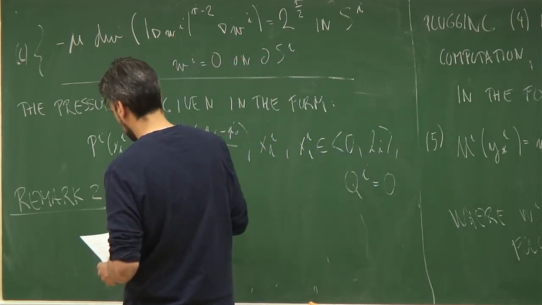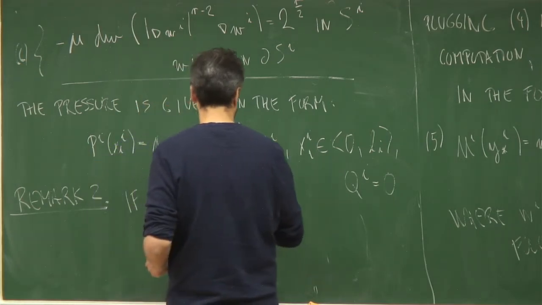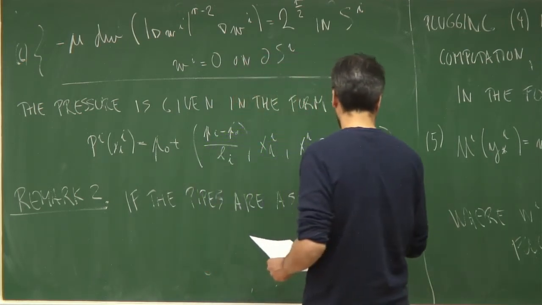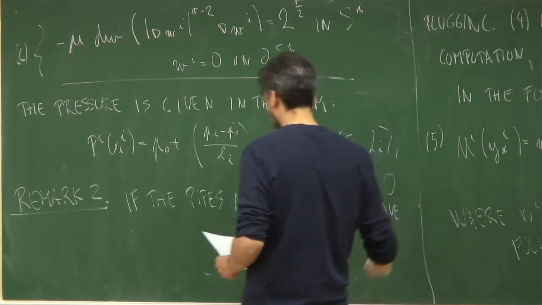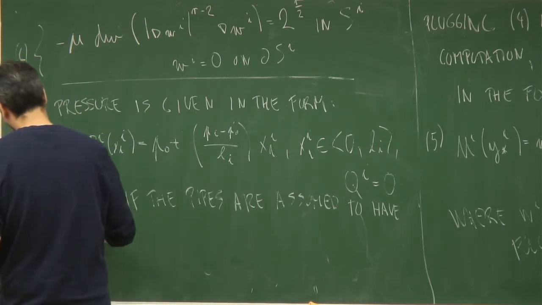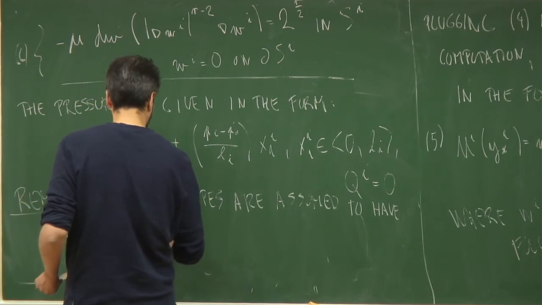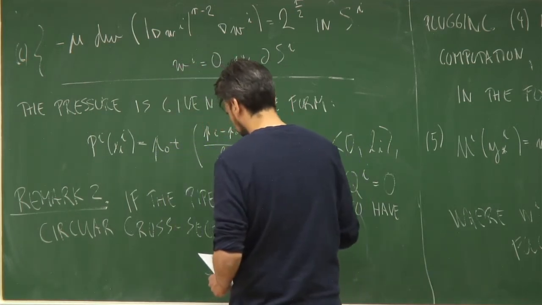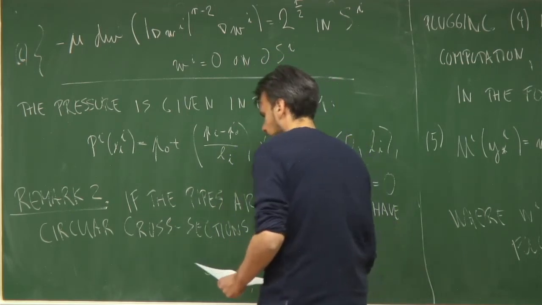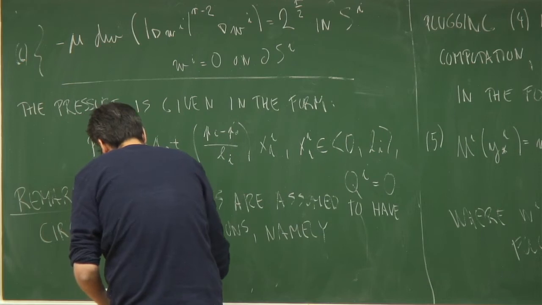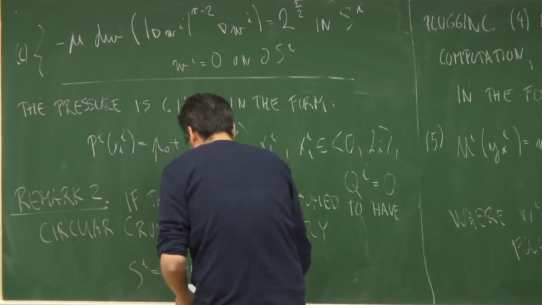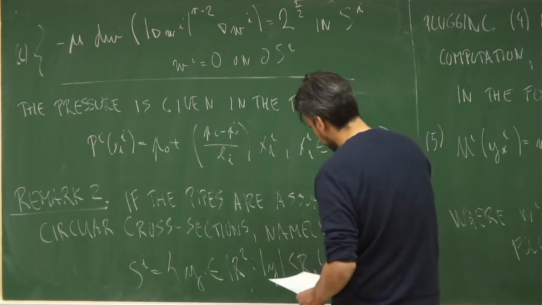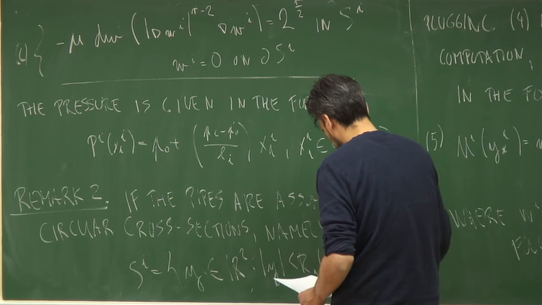So if the pipes are assumed to have circular cross sections, namely Si is y from R2, where the absolute value is less than Ri, and Ri, of course, is a constant bigger than 0.